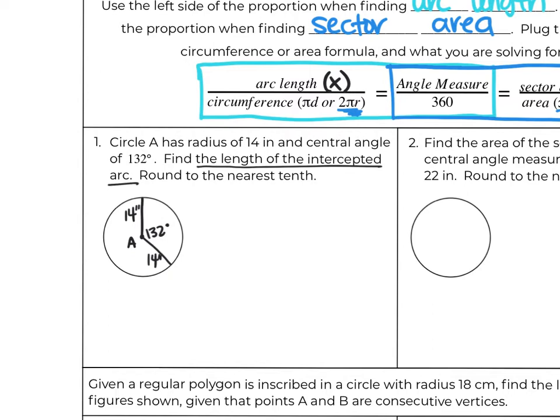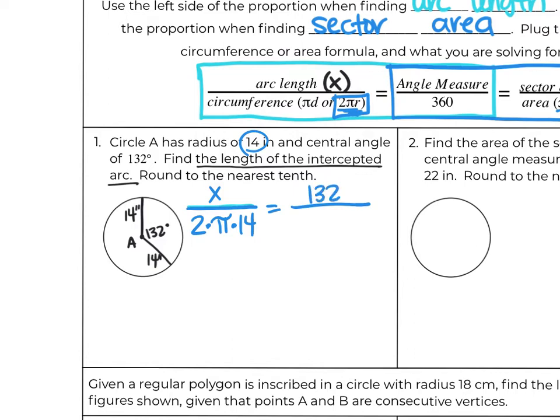So in the top left, that is my x, because they said find the length of the intercepted arc, so x. On bottom, they give me radius, so I want to use this, so 2 times pi, but we said plug in the radius. The radius was 14. Okay, on the right side, you put the angle measure they give you, so that is my 132.